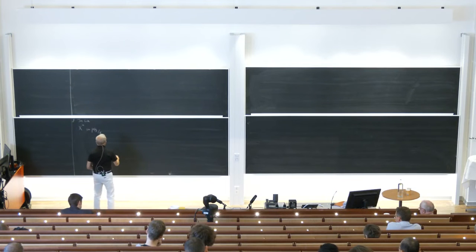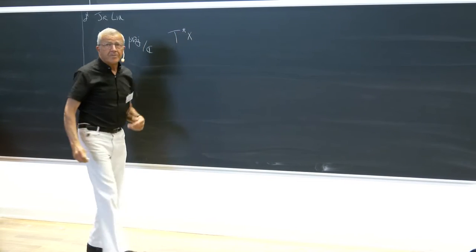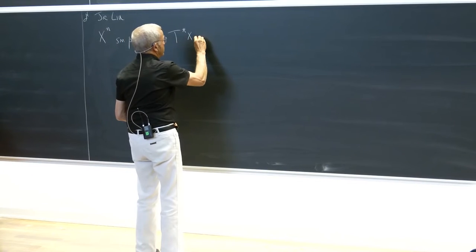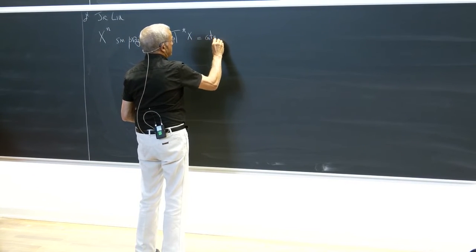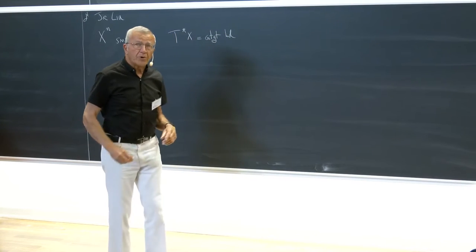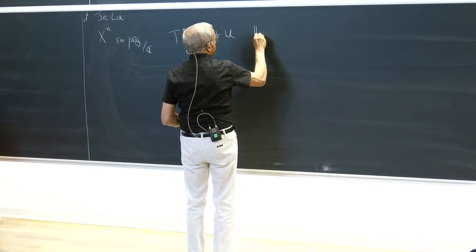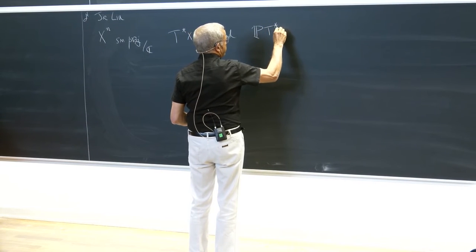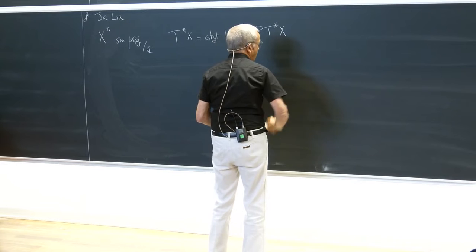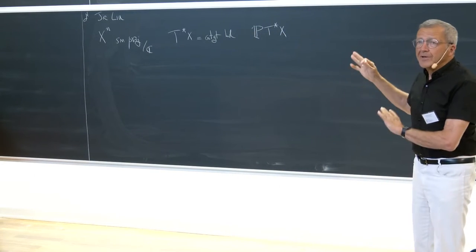I will denote by T star X the cotangent bundle of X, and I will also use its projectivization, which will be P T star X, the projective cotangent bundle.